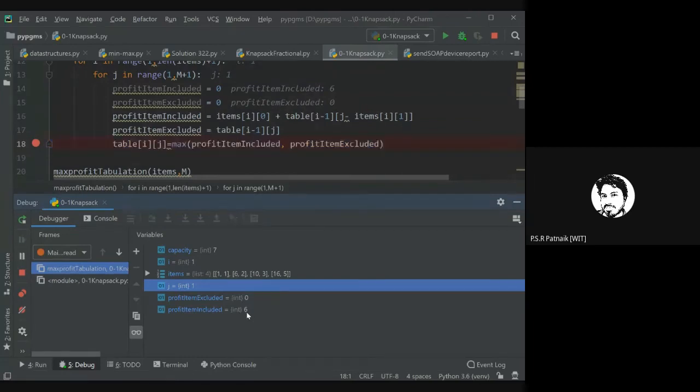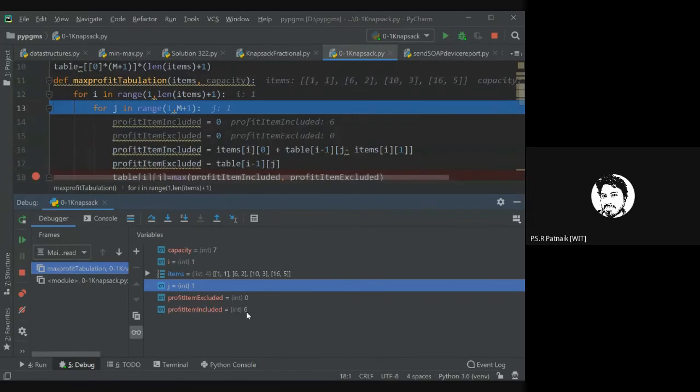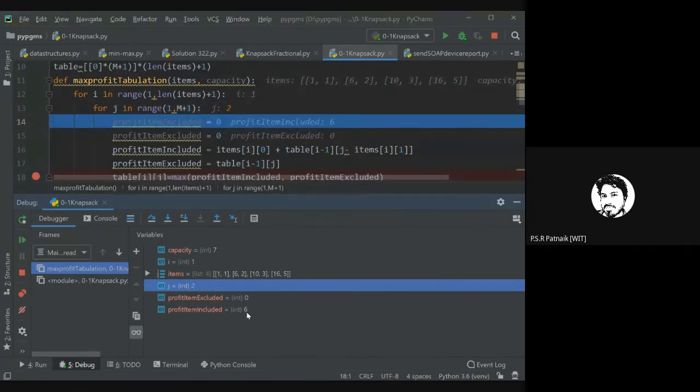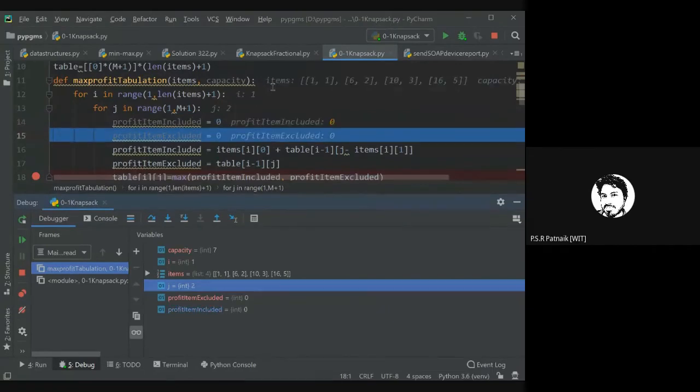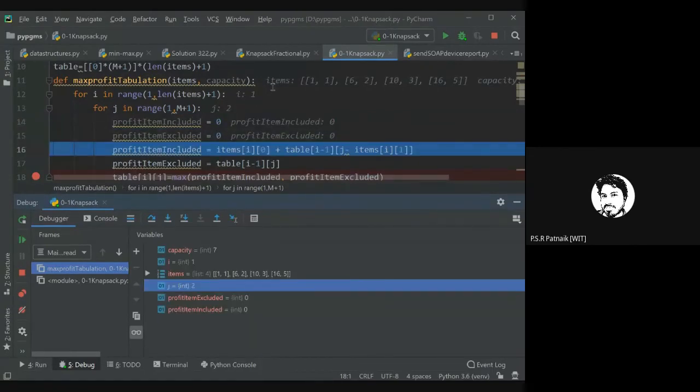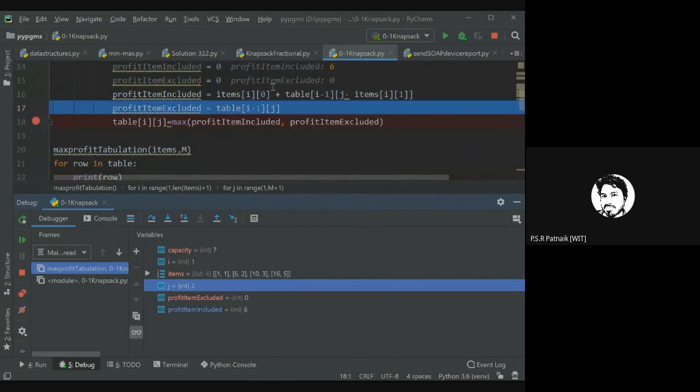I want to get the situation where we are exceeding that value. Now next time, j is equal to 2, so i is equal to 1, j is equal to 2. You can check the values. I'm just pressing F7. Second item, profit included, I'm still getting 0.